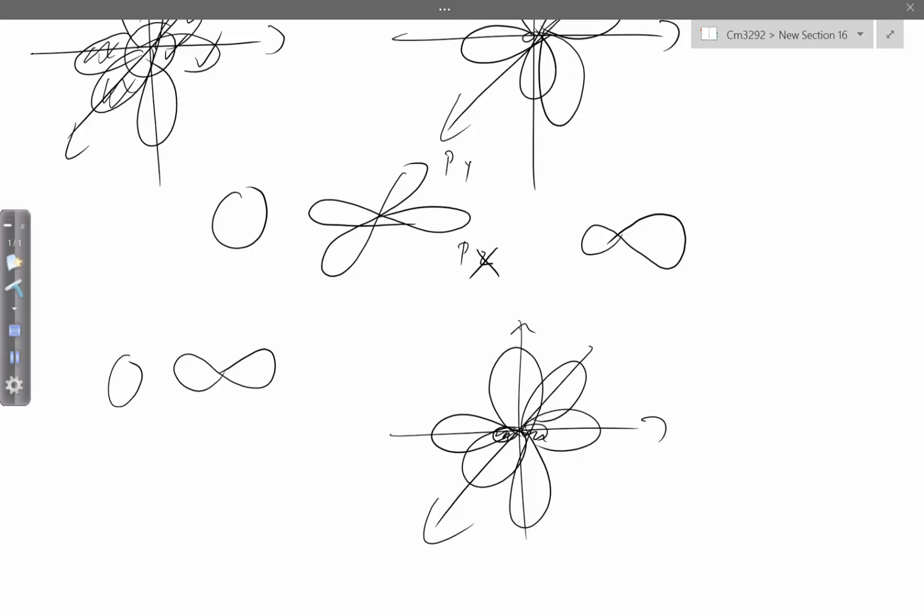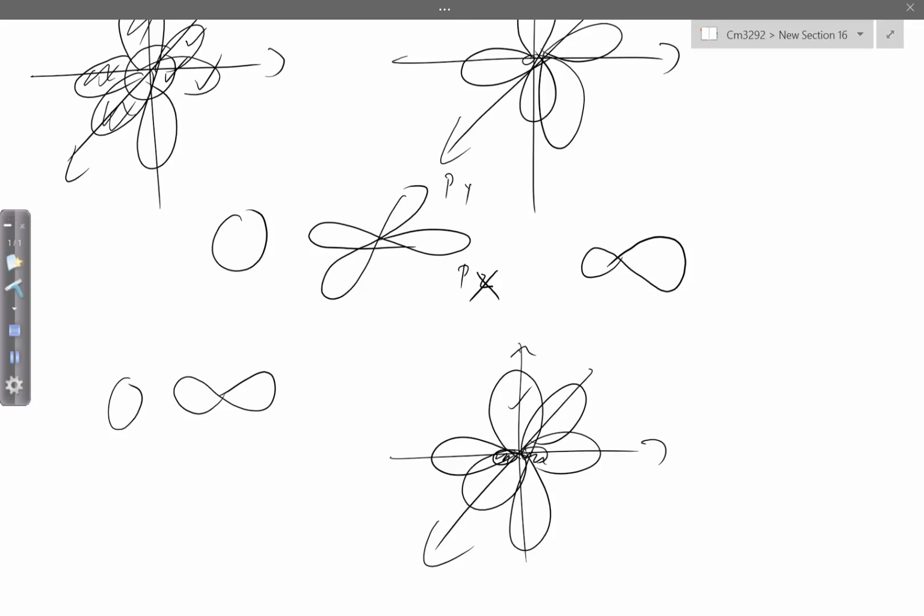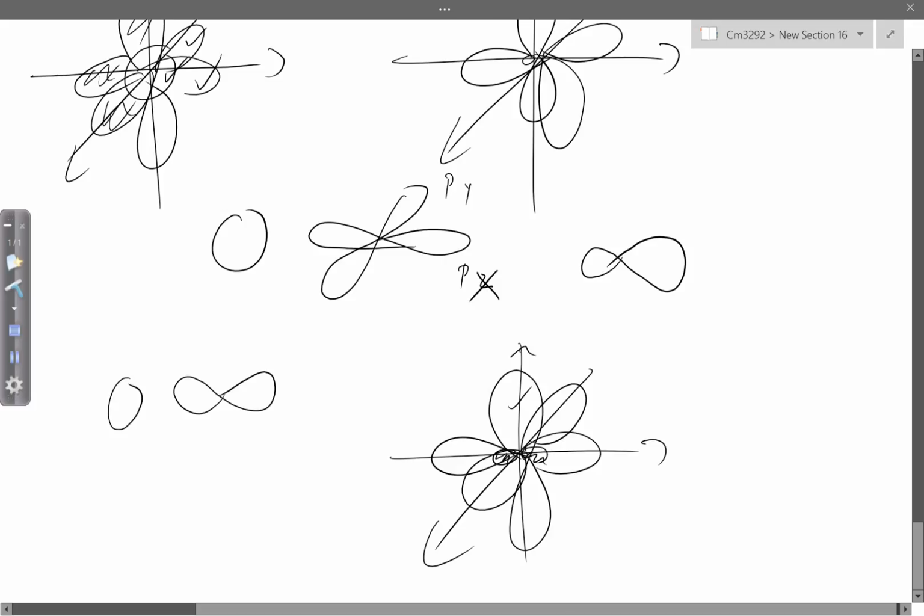Same thing, these two unhybridized p orbitals, because like what I said, we never touch. Originally they are at right angles, now they are still at right angles to each other, which means that these 2 pi bonds, if you were to look at it in this way, are like that. One of them is left, right, one of them is top, bottom. So this is your sp hybridization.